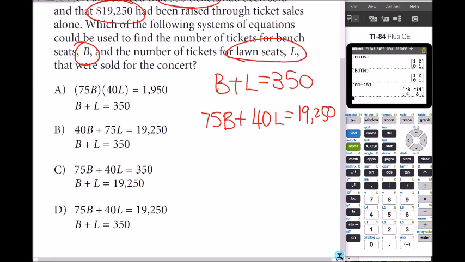So they add up to 350. Not these. Oh, that one could be. They've got to add up to 350. And 75B plus, not multiplying, plus 40, it was $40. So it is D.